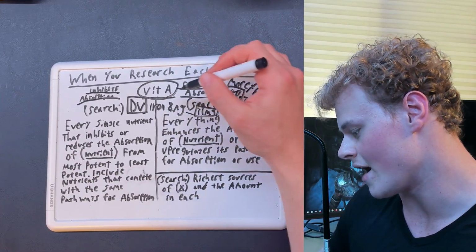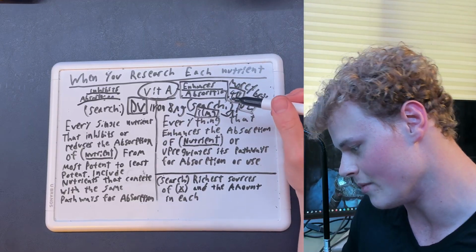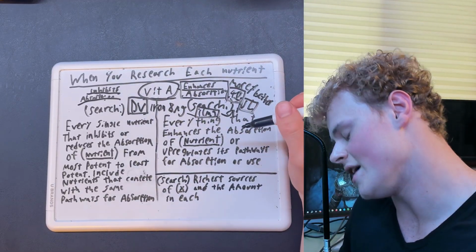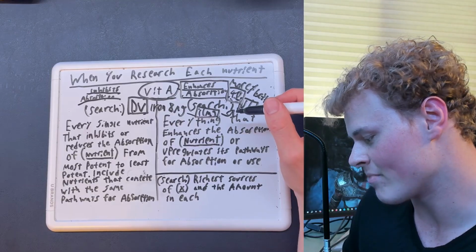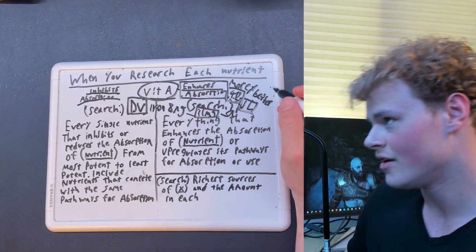And on top of that, I want to take everything that enhances the absorption of iron. For example, taking vitamin C, not in supplement form, but getting it from actual real food, like bell peppers.